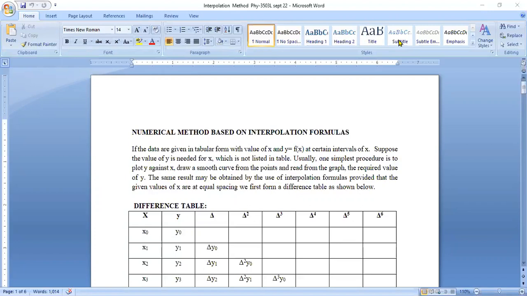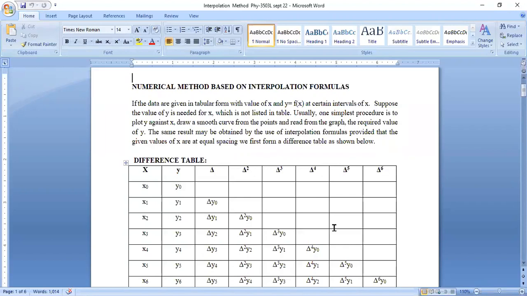So friends, the data are given in a tabular form with values of x and y, where y is a function of x at a certain interval of x. You can see here the table where the values of x are given as x0, x1, x2, x3, x4, x5, and the values of y, which is a function of x, are given as y0, y1, y2, y3, y4, and so on.